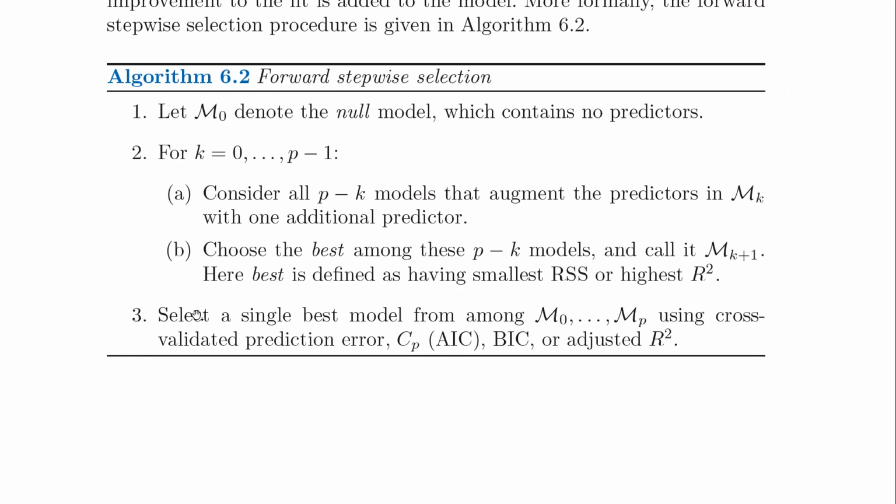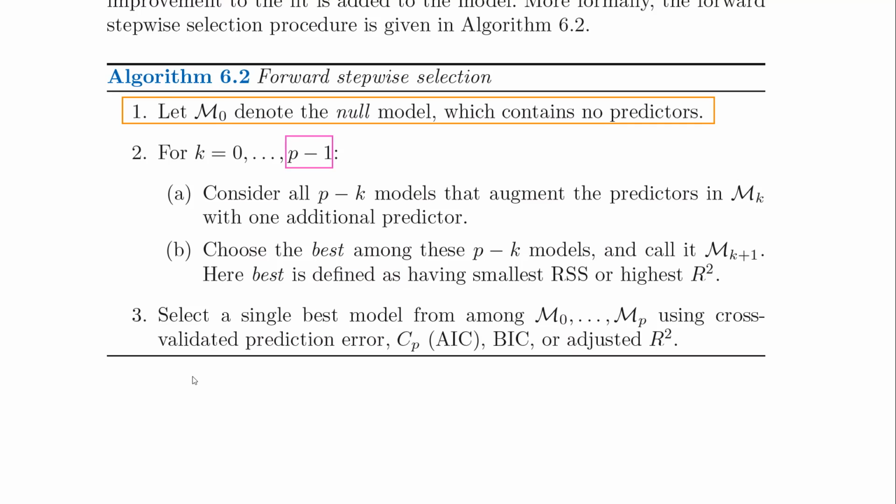So again, starting with step 1, you have the null model. The next step, and notice the indexing is different now, we're only going to get to p minus 1. Consider all p minus k models.